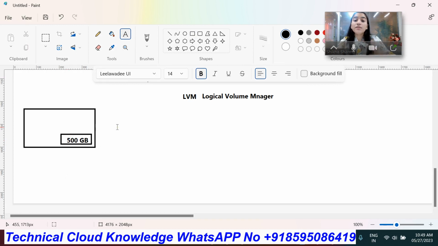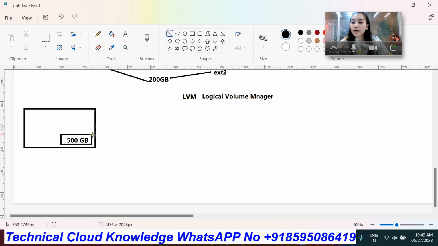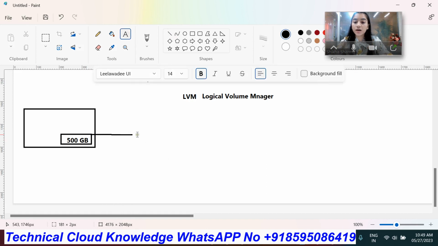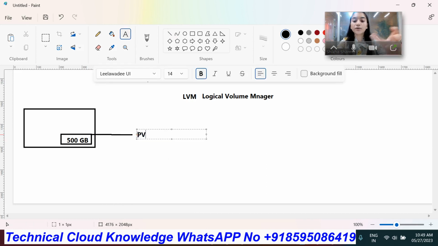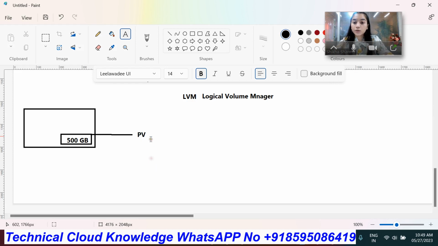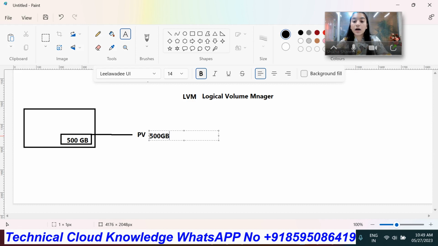In the first stage of the LVM concept, you need to convert your physical hard drive into a physical volume, like you need to create it in a virtual way. So first we will create our hard drive into a PV. What is PV here? Physical volume. It is a kind of virtual hard drive. So we will create a PV which is also about 500 GB.